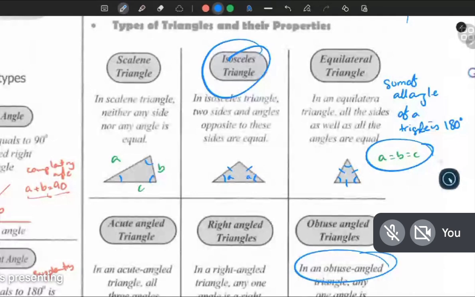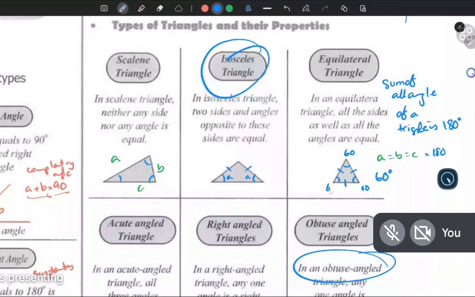Now, if we have an equilateral triangle, all three angles will always be the same. In an equilateral triangle, the angles will always all be 60 degrees, right? So this will be 60, this will be 60, this will be 60, right?